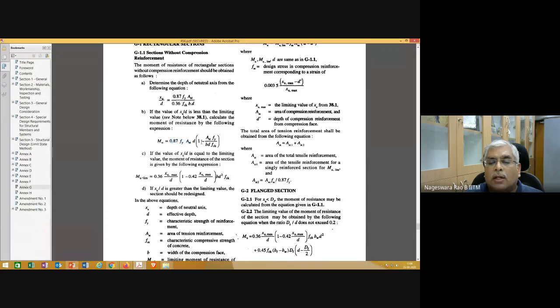If you substitute XU in terms of this one, you can express the moment of resistance or moment carrying capacity of a given section which is under reinforced in terms of steel in this manner. So this quantity, D minus whatever is there in the bracket, is nothing but your lever arm distance.